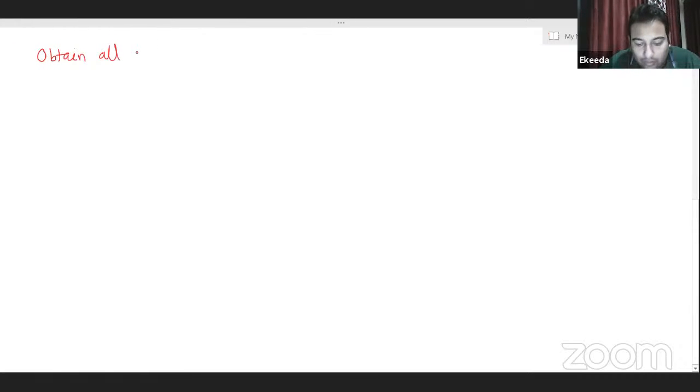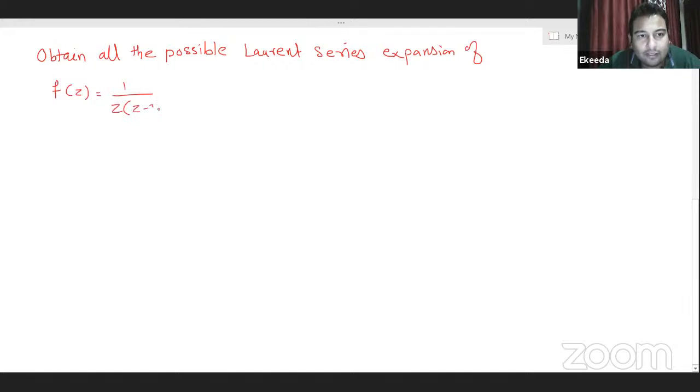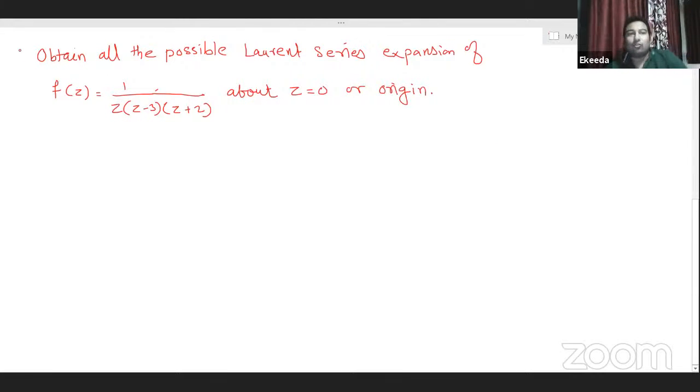Obtain all the possible Laurent series expansion of f(z) = 1 upon z(z - 3)(z + 2), about z = 0 or origin.